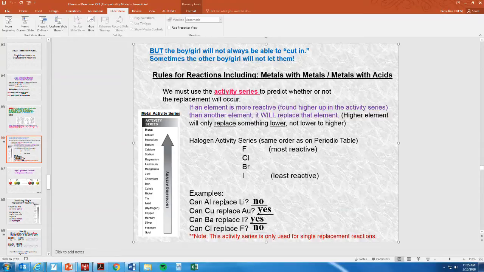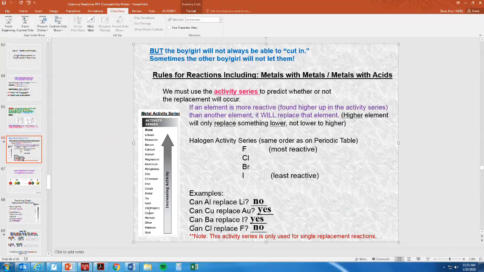So can aluminum replace lithium? No. Okay, so can copper replace gold? Remember, it has to be higher than gold. Copper is right here. So copper, can it replace gold? Yes, because it's higher than gold.